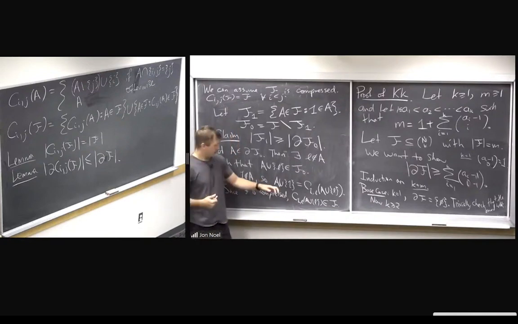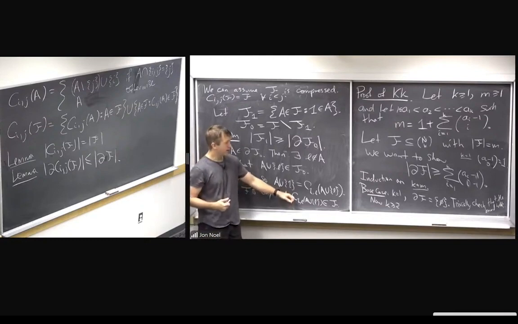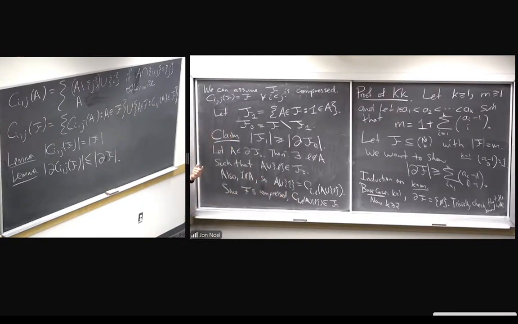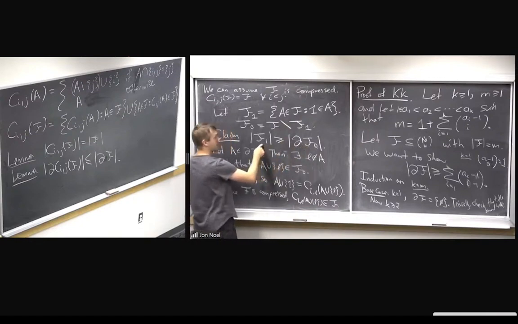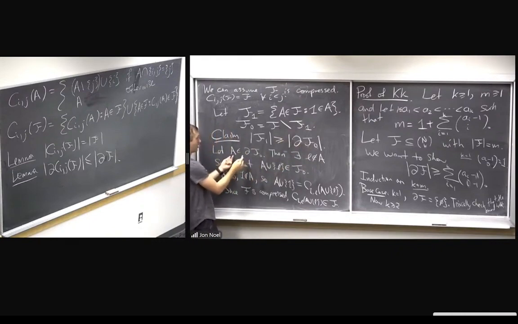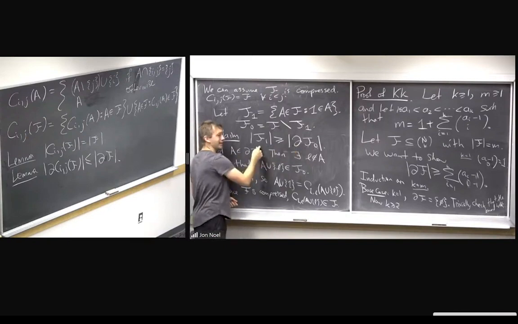So this gives us an injection from the shadow of F naught into F1, right? For anything in the shadow of F naught, take a set A in here and add 1 to it. That's an injective function from this set to this set.